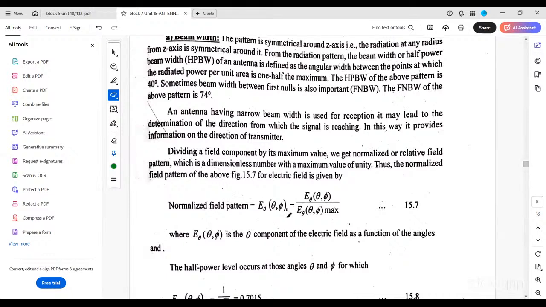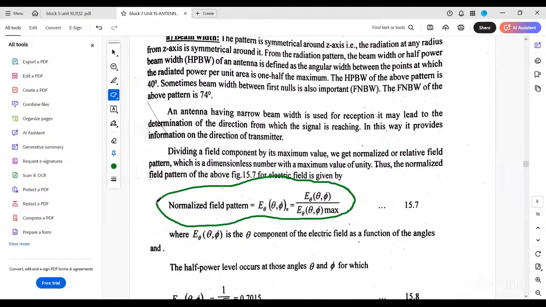In this, if you get a question, just include the formula. What is the normalized field pattern? After writing the description of the diagram, what is the normalized field pattern? E(theta, phi) equals 1 by root 2, equals 0.707. Mentioning this is enough if they ask a question on beam width.